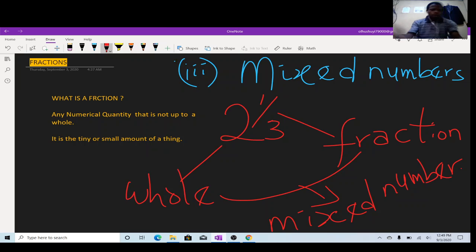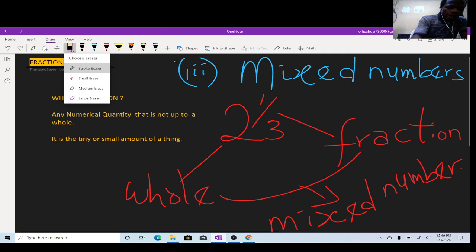So let's take more examples of mixed numbers. This is a whole number. This is a fraction. I call this a whole and I call this a fraction. Then combining both of them together, you have two whole number 1/3, and that gives us a mixed number.